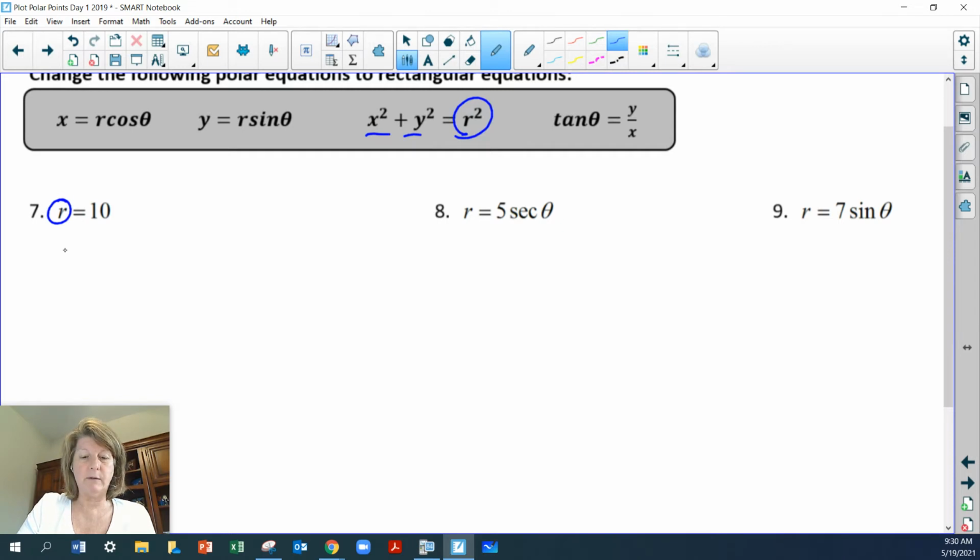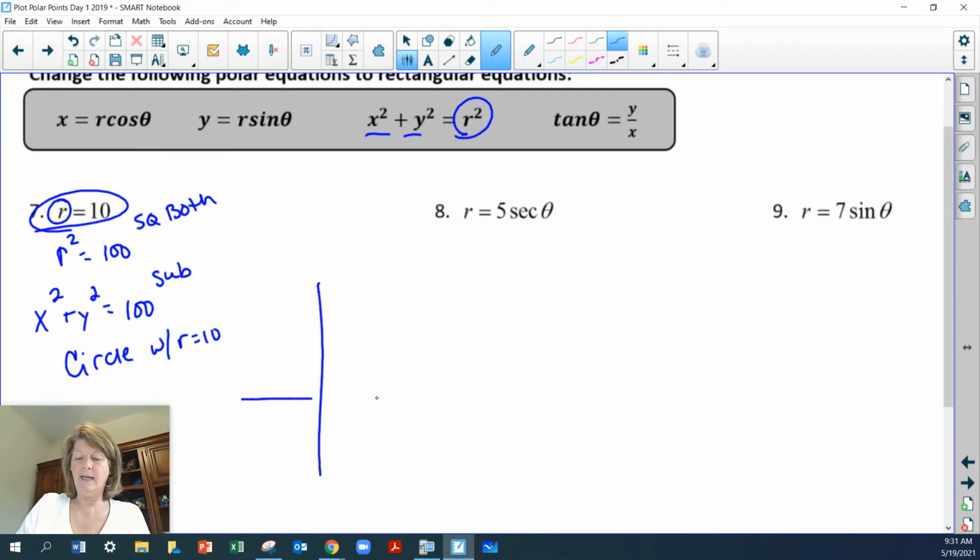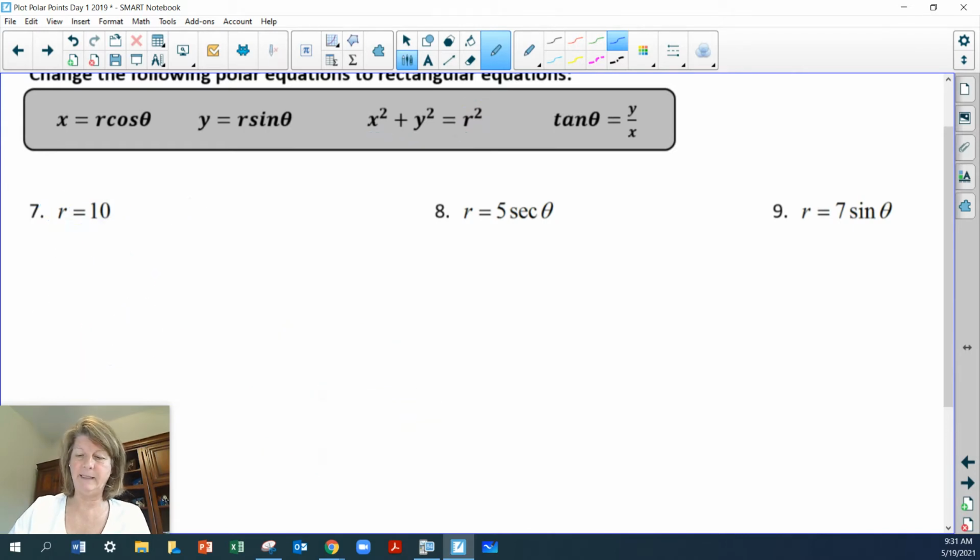So let's square both sides and get r squared equals 100. And then instead of r squared, let's substitute and get x squared plus y squared equals 100. Oh, I recognize this as a circle with radius equal to 10. Well, that's what this was, wasn't it? Radius was always 10. If radius is always 10, then it's going to plot out with every angle measure possible and trace out a circle for us. Okay, that was pretty easy.